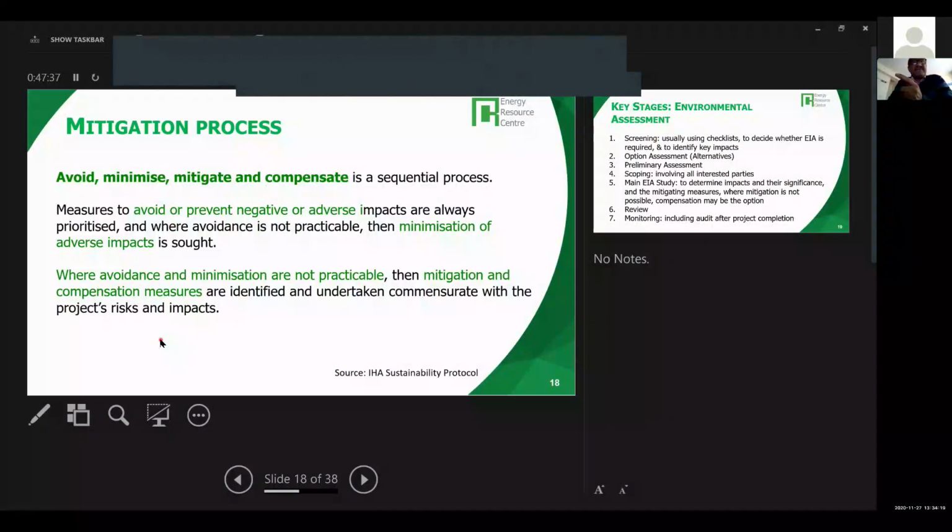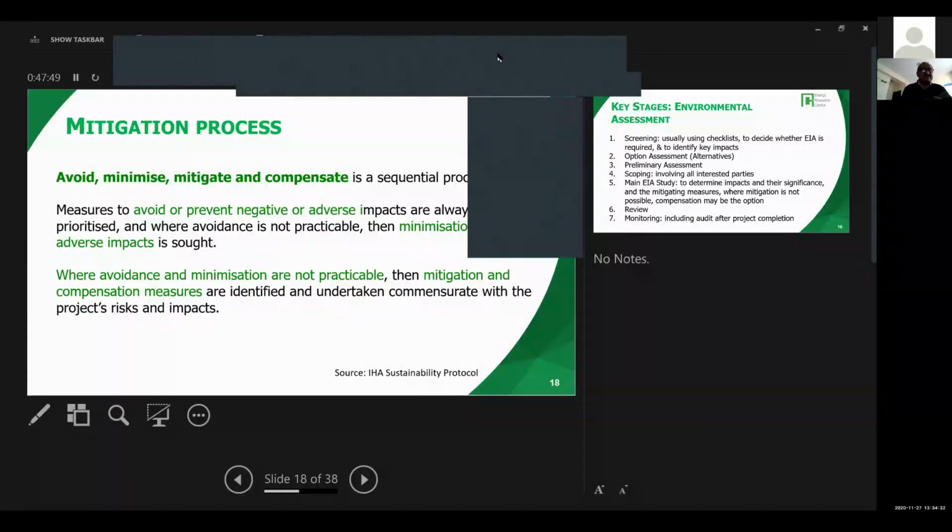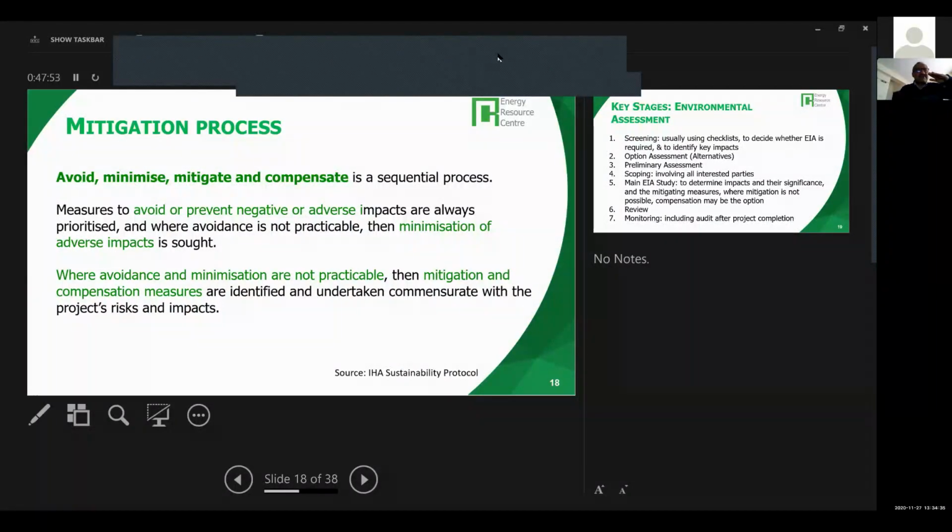Similarly, if this cannot be avoided or prevented, then you have to try to minimize the adverse impact. So when you say minimize, for example, if the reservoir level will inundate an important historical site or an important village, if you cannot avoid that, then is there a way where you can lower the reservoir level not to impact that site? So this is to minimize the impact.